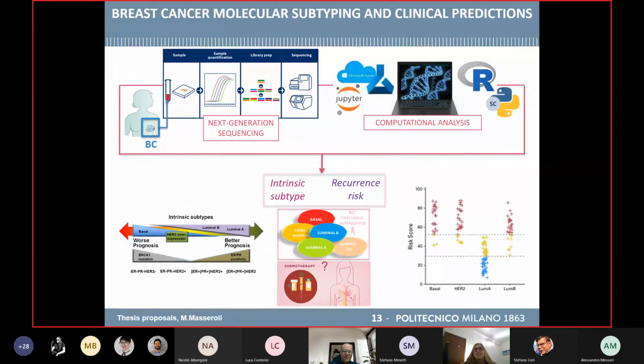So that, of course, needs a careful step of feature selection, to find the most important features useful in the task of subtyping, or in the task of predicting the expected clinical outcome, that is the expected prognosis for the patients, or the recurrence event, that is the event of having the cancer again after surgery.